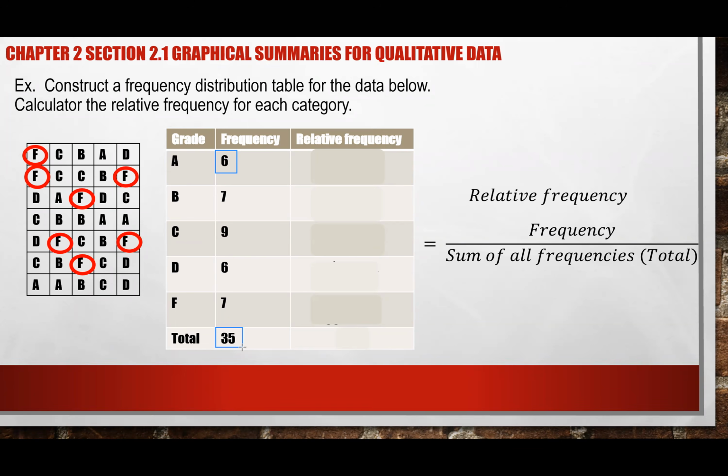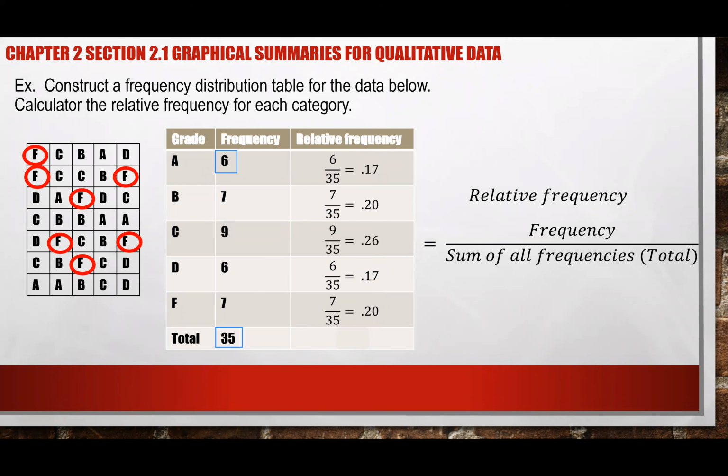So we take 6 divided by 35, which is 0.17. Similarly, I take 7, the frequency, divided by the total, 35, and that would be my result. Same thing, I take 9 divided by 35, and so on and so forth.